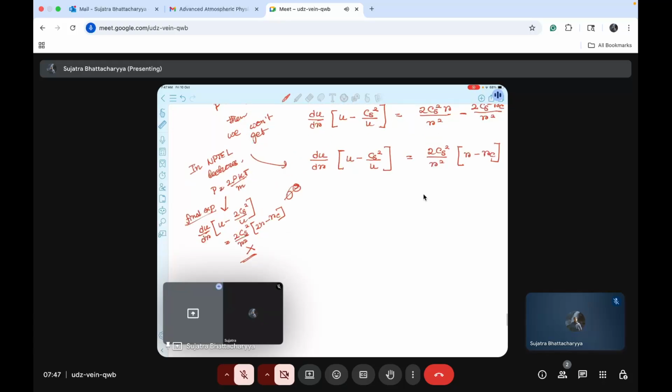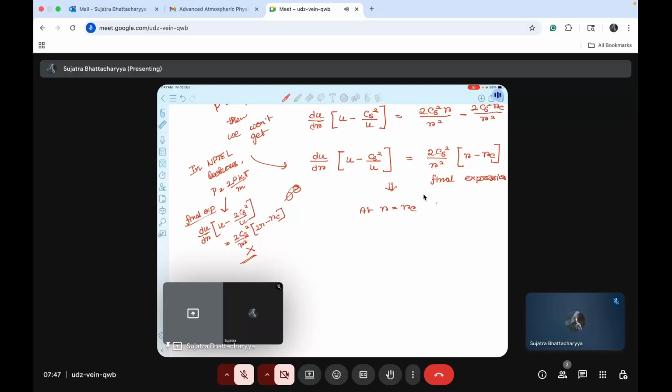So this is the final expression, which will be integrated later on. The most important point is that at r equal to rc, what do you get? u becomes equal to cs, which is very important. The speed of sound, the isothermal speed of sound.